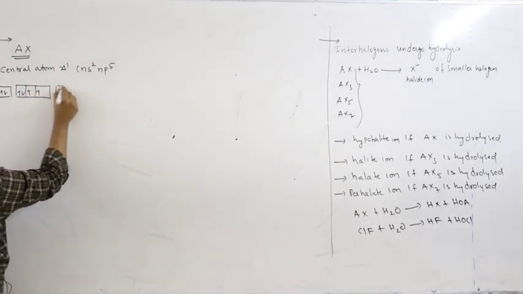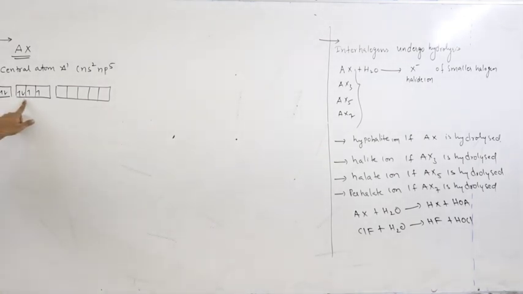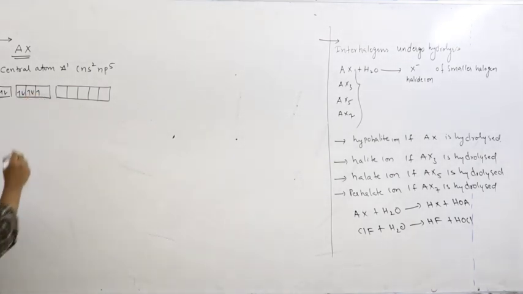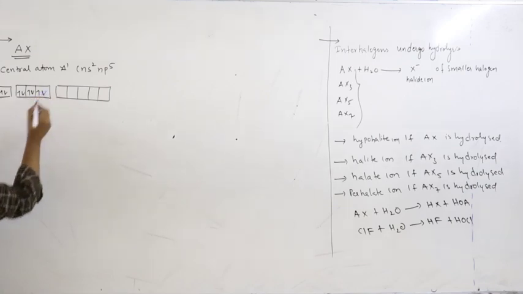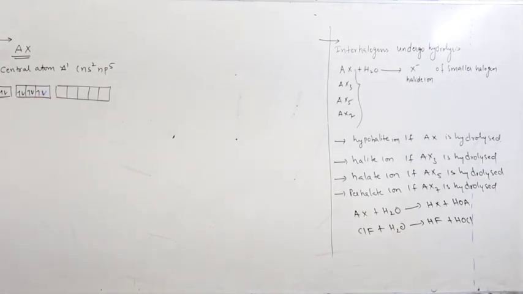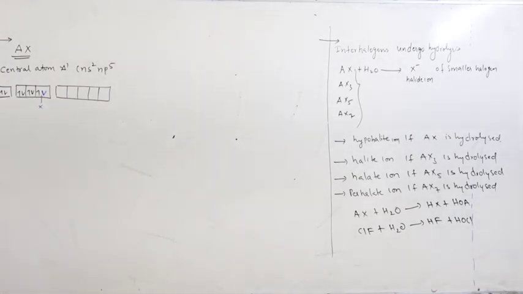So this is the situation, right? This is the electronic configuration ns2 np5. How many unpaired electrons do you have? One unpaired electron. So these are the electrons of A. There is one X. One X forms one bond, one electron. This is the X electron. I am writing the bond X. Now what happens? These three are lone pairs, 1, 2, 3, and this is one bond pair.